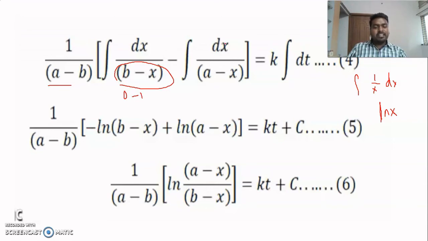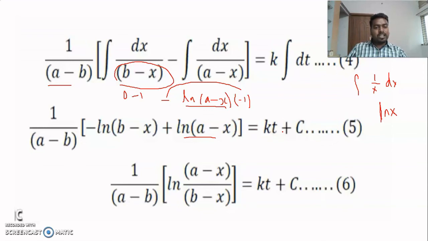Similarly, integration of 1 divided by (a minus x), with its negative sign, gives negative ln (a minus x), and multiplying by the derivative of a minus x, which is minus 1, minus into minus gives plus, so we get plus ln (a minus x), equal to K times t plus a constant.